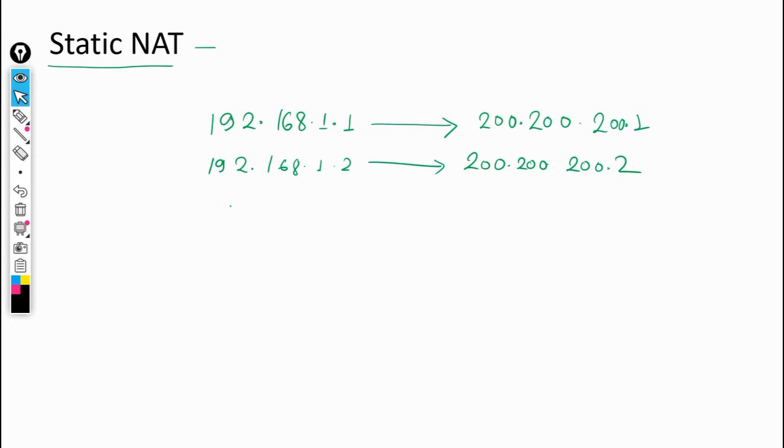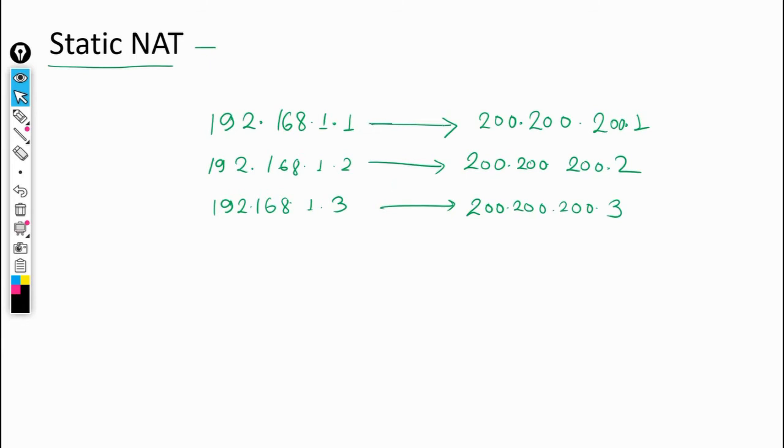Same thing, you might have a third computer in your home, 192.168.1.3, and that is being translated to 200.200.200.3, right? So what is happening here?